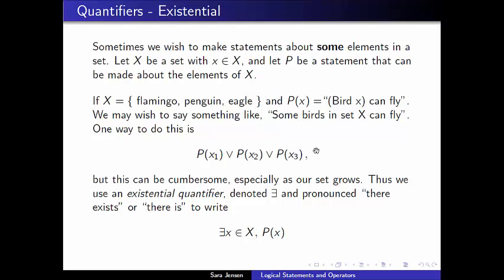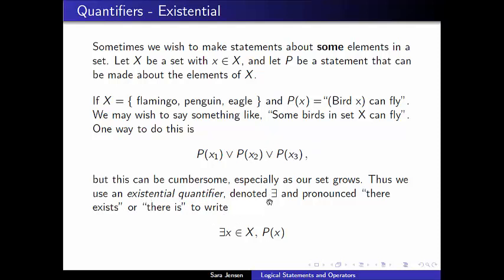So in order to say some of the birds in my set X can fly, or some of the elements of my set satisfy property P, we can use a different type of quantifier called an existential quantifier.